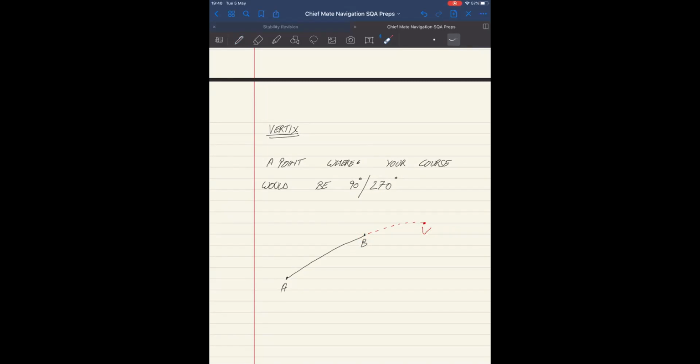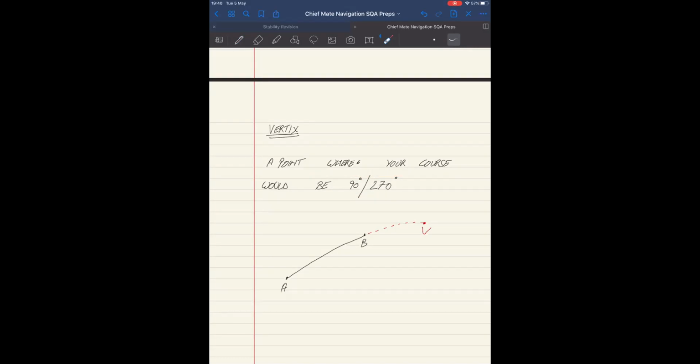The property of vertex is that among all the positions A, B, and V, it is the highest latitude towards the pole. It is not the highest latitude between 2 points. So in simply defining vertex, it is a point where your course is 90 degrees or 270 degrees, right?